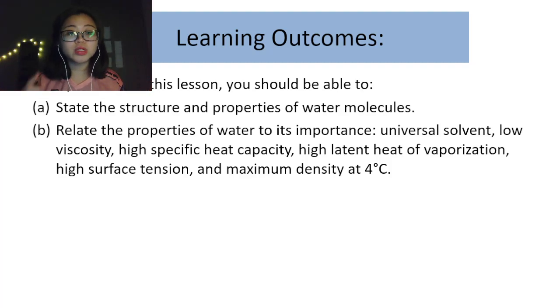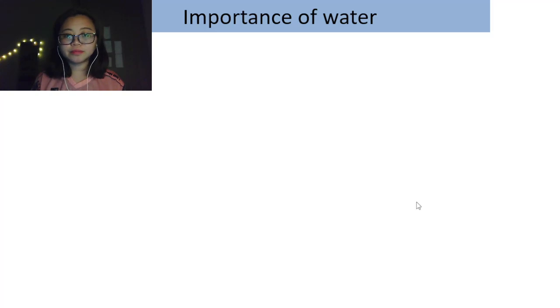You should be able to state the structure and the properties of water molecules, and you should be able to relate the properties of water to its importance. So later we'll look at these 6 properties of water and why they are so important for you to stay alive.